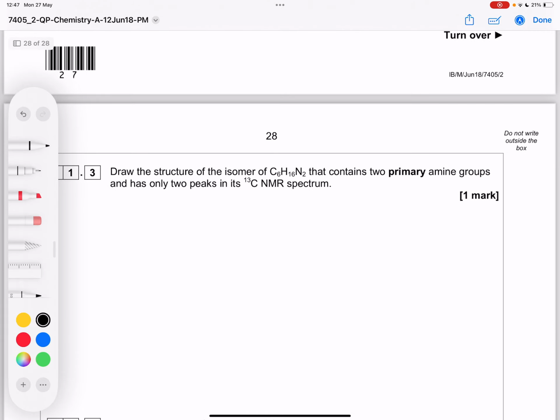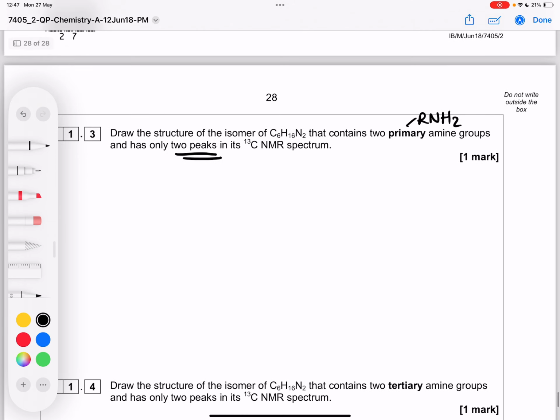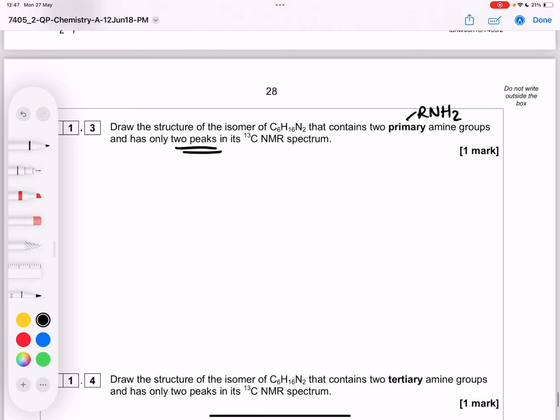Draw the structure of the isomer that has 2 primary amine groups and only has 2 types of carbon. It's a bit tricky, this one. So 2 primary amine groups and only 2 types of carbon, but 6 carbons altogether. So it's either like 3 and 3 or like 4 of one and 2 of the other, something like that. 2 primary amine groups, so we want to have an NH2.